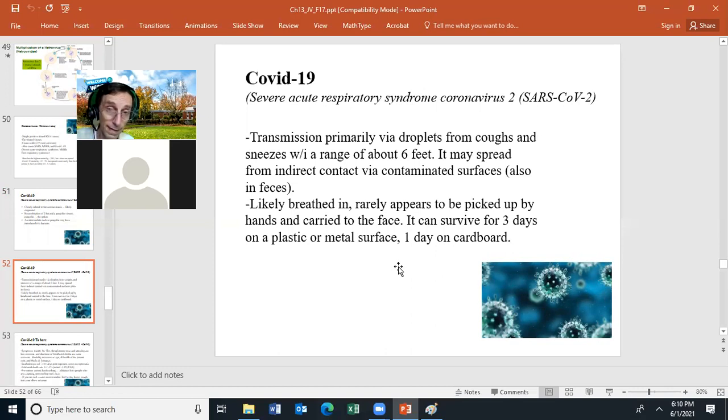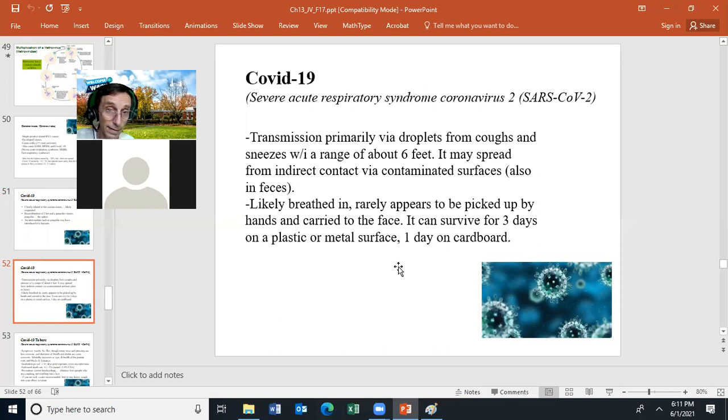But it seems like COVID-19 is primarily spread via droplets, mainly from coughs and sneezes, although it could be from breathing or singing, at a distance of about 6 feet.